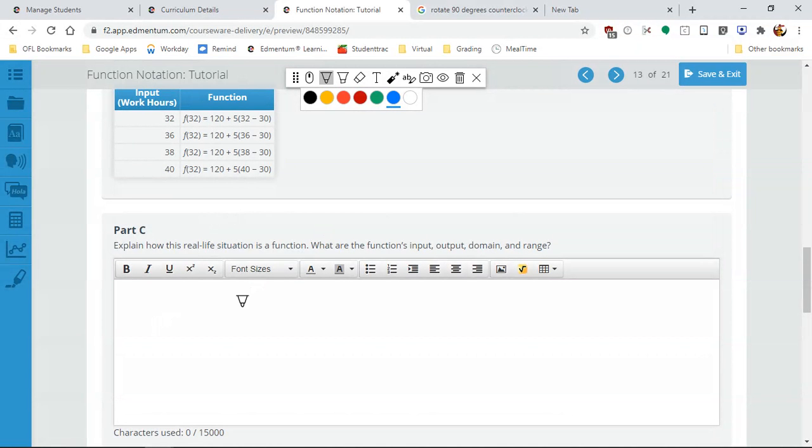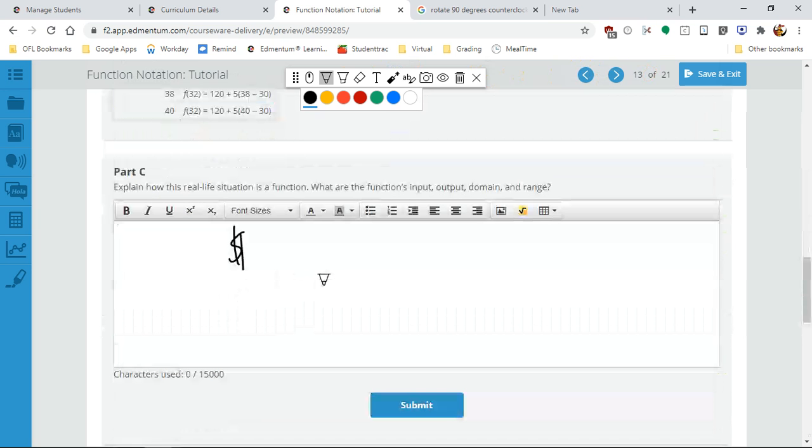So now explain how a real life situation is a function with worker input. I'm going to do kind of the same thing, but a lot easier. Let's say I make $4 an hour. In the real world, minimum wage is going to increase up to $15 an hour.